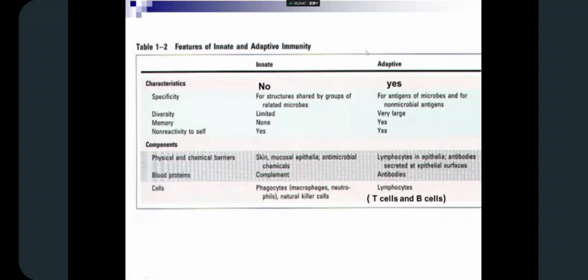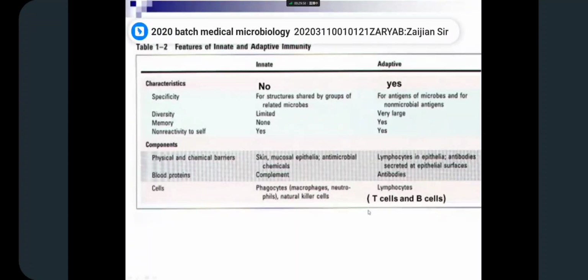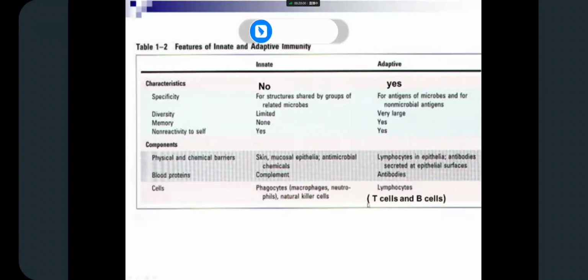The components of the adaptive immunity are most important for us. The components are T cells and B cells.